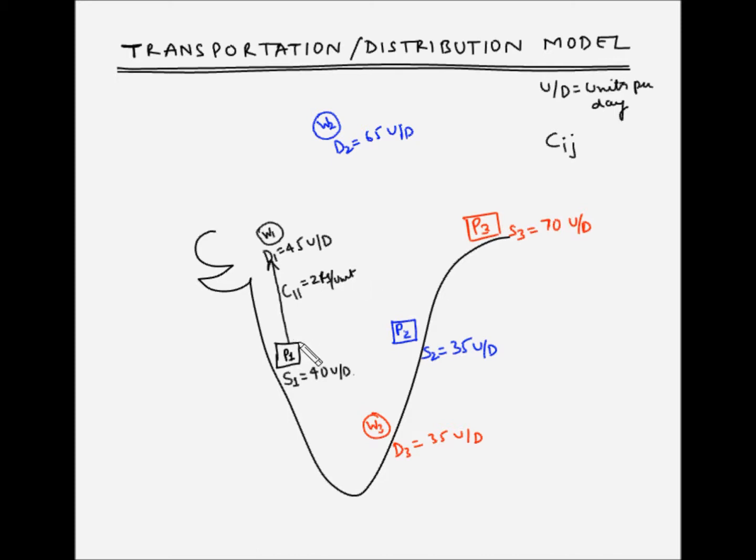Similarly, you have found out that the cost per unit for shipping fans from P1 to W2 is rupees 4 per unit.